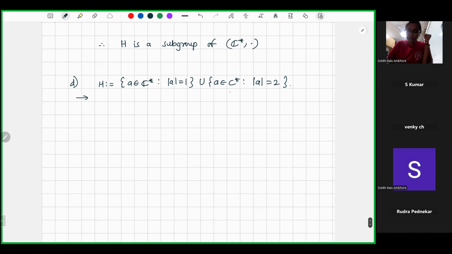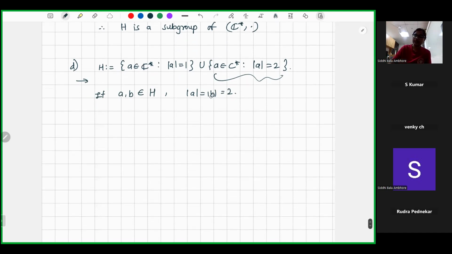Note that here we have this set as well. So if I take A, B in C star such that modulus of A is, let me write, inverse of 2 is okay. Again, because inverse of 2 will have size half, and that modulus will be 1 by 2, which is again not there in this set.